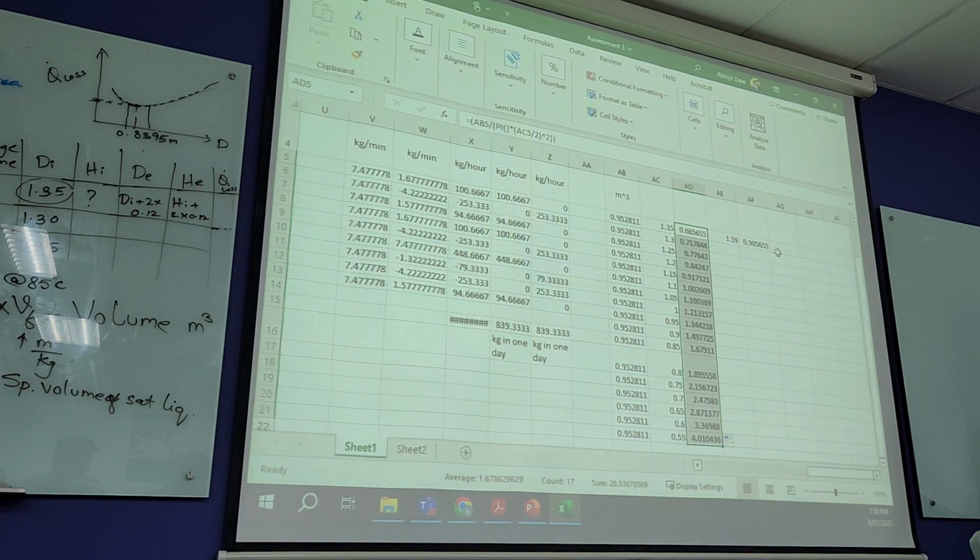So let me check whether that's going to give us the right volume. I'm just going to cross check. So equals... surface area times h.